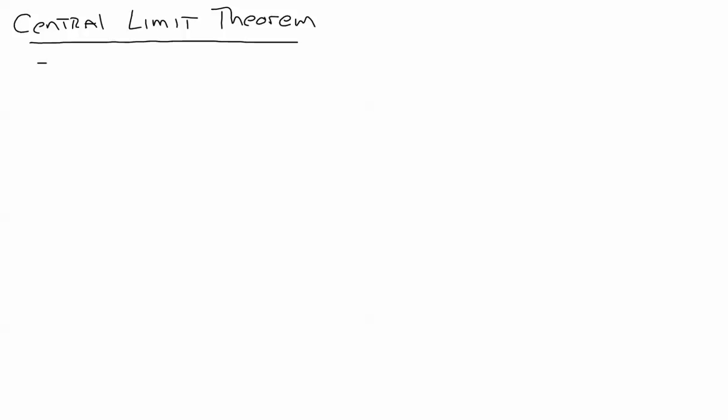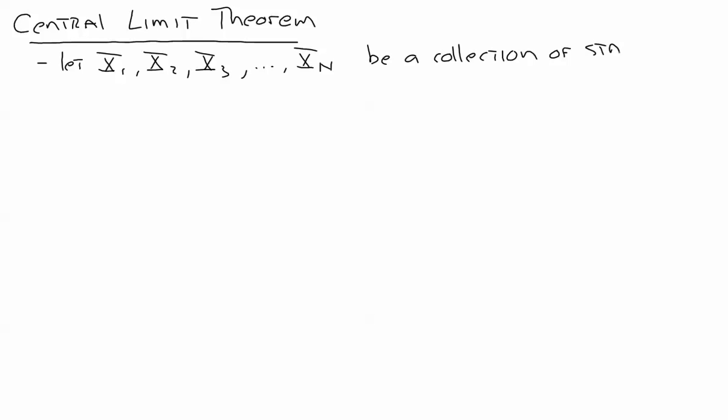So we're going to let x1, x2, x3, all the way up to x sub n be a collection of statistically independent random variables with means, let's just use little m for now, make my life easier.